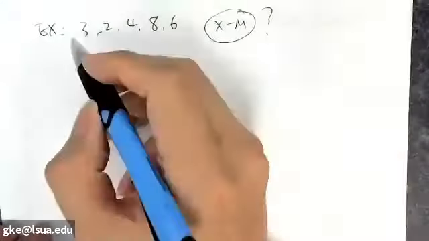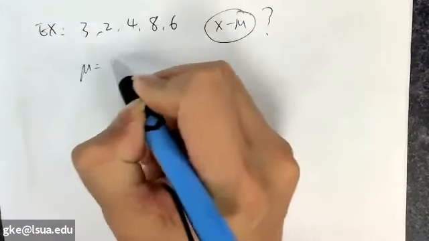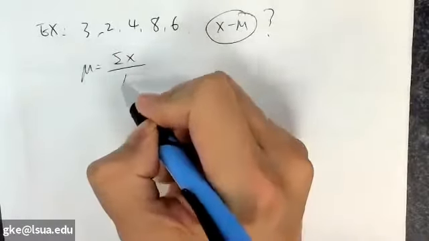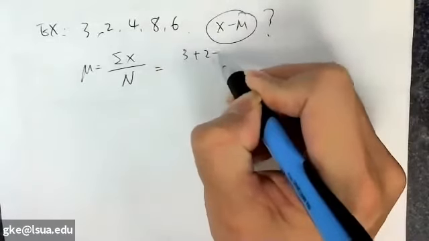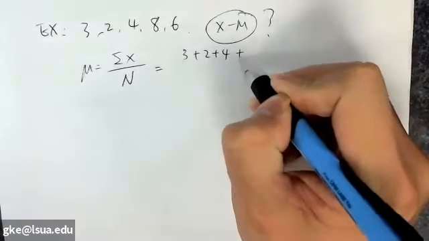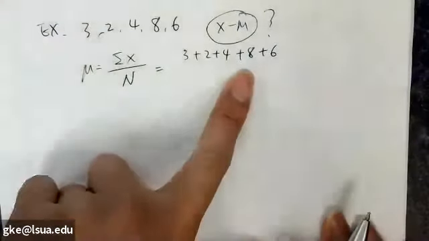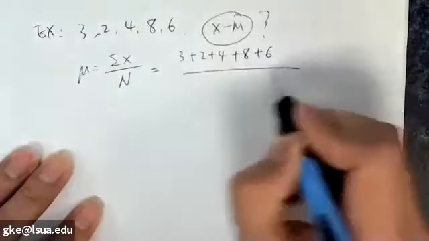Now, the first thing, I want to calculate mu, which is the summation divided by n. So 3 plus 2 plus 4 plus 8 plus 6, divided by 5.